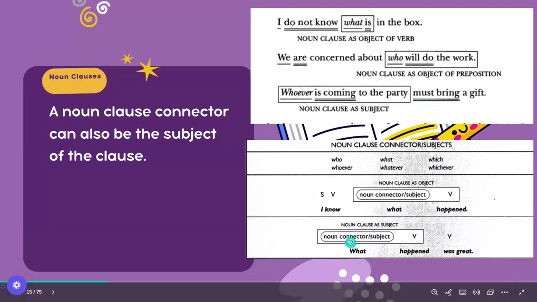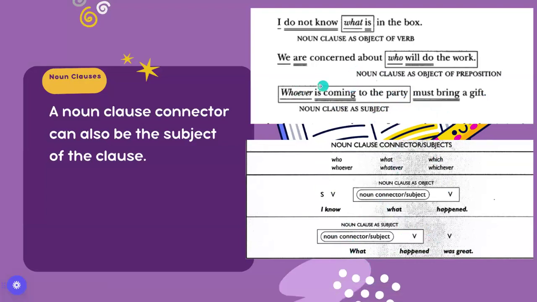Or I have my noun connector subject, verb, and another verb like this one. Whoever is coming to the party must bring a gift, because all of this is like the subject of the sentence.